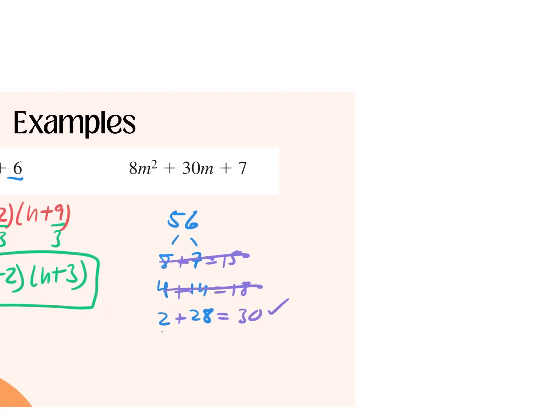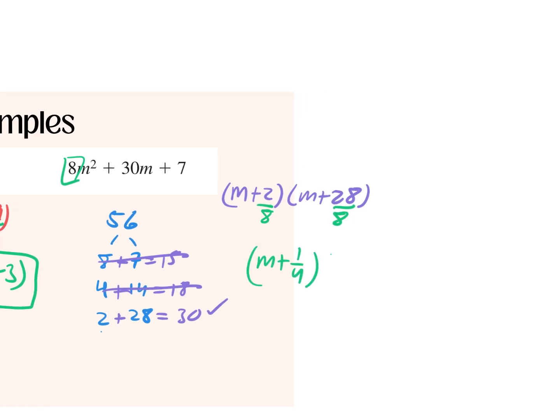All right, so it's going to be m plus 2 times m plus 28. All right, keep in mind there's a number in front. You're going to divide both of these numbers by that number. All right, 2 and 8 can simplify to 1/4. 28 and 8 can simplify to, it looks like you can divide a 2 from them.